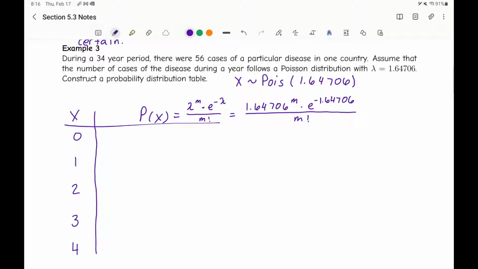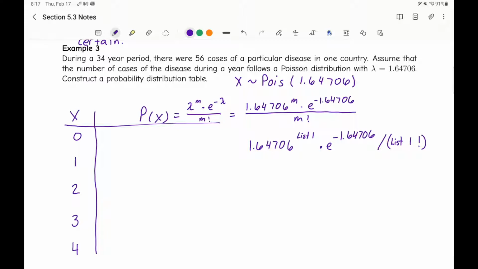Now in list 2, I want to type this formula. So to help you, remember m is actually our list 1. So we need to go 1.64706 to list 1 times e to the negative 1.64706 divided by list 1 factorial. And you should probably put parentheses around there.